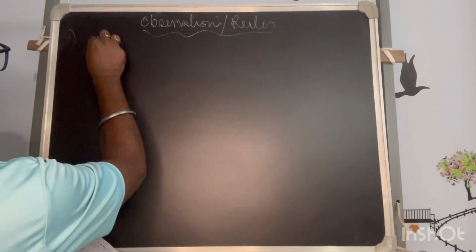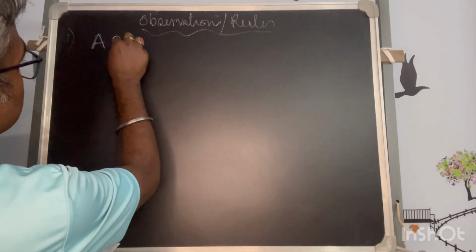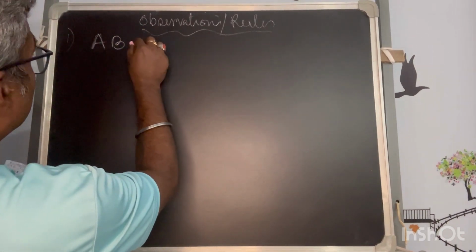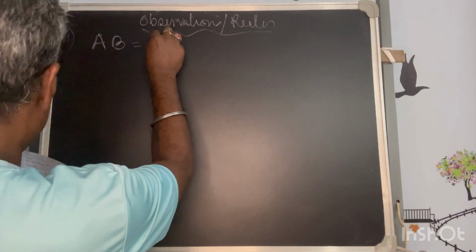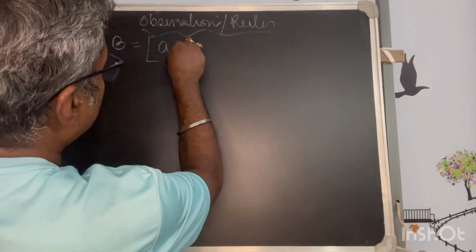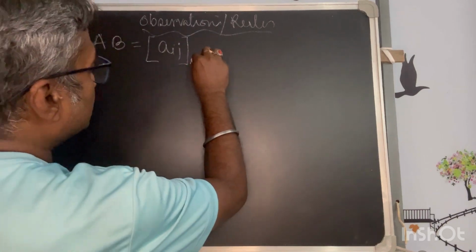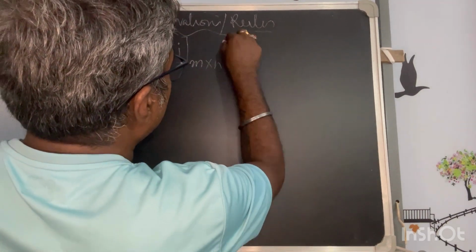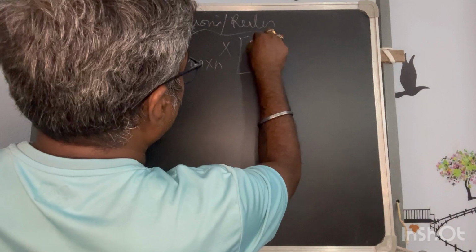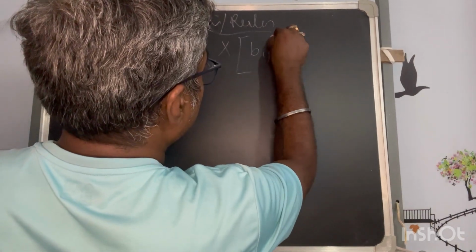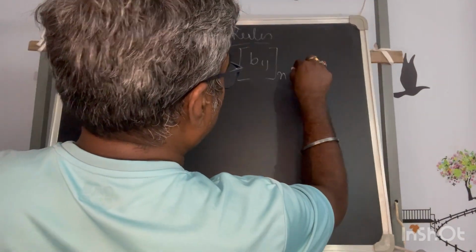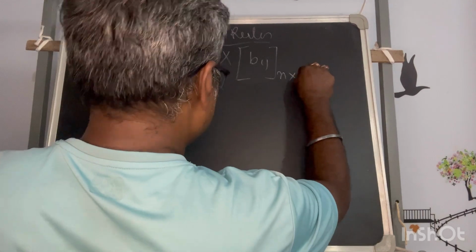Let's say the matrix A and B, if I multiply, A is represented by a common element of order m into n, and with that I am multiplying B, which is represented by the element bij, and the order is n into p.